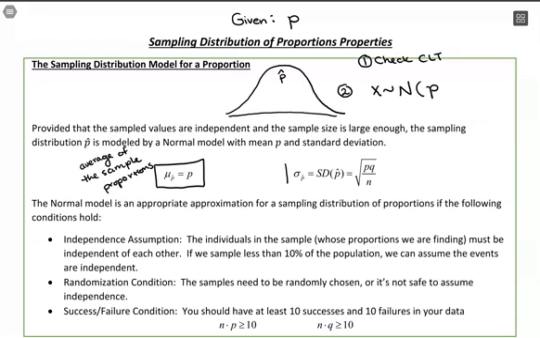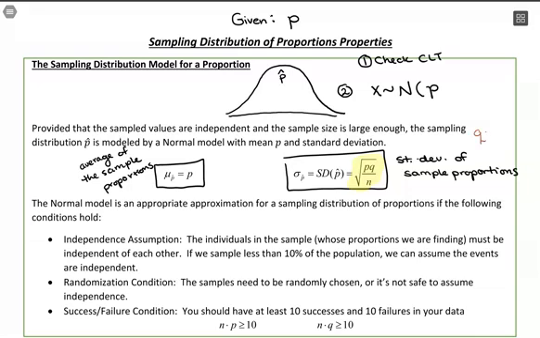The spread of that distribution, so we're looking at the standard deviation of sample proportions, will be a calculation on the right-hand side. We're going to take a big square root. In the numerator, we multiply p and q. Again, q is just 1 minus p.